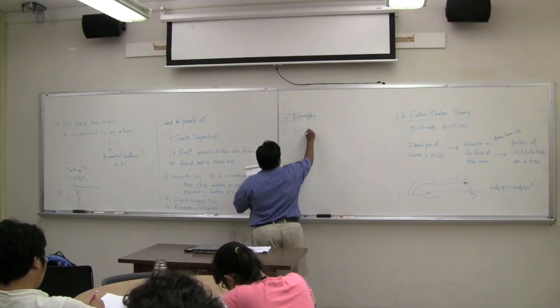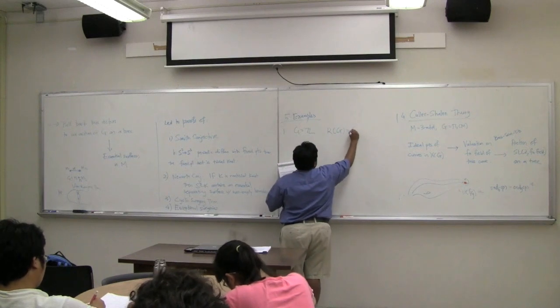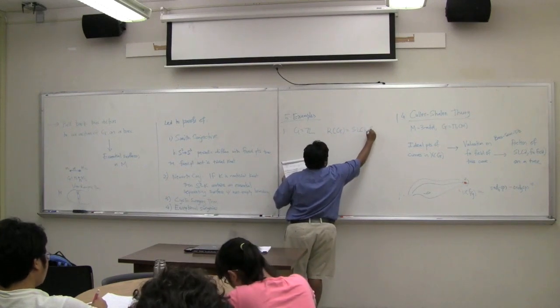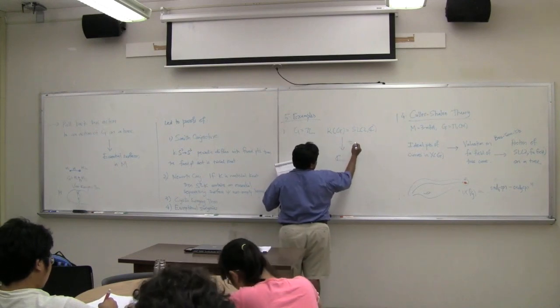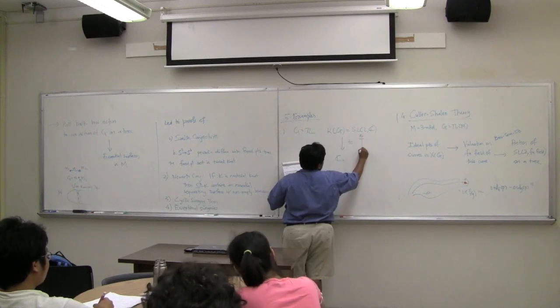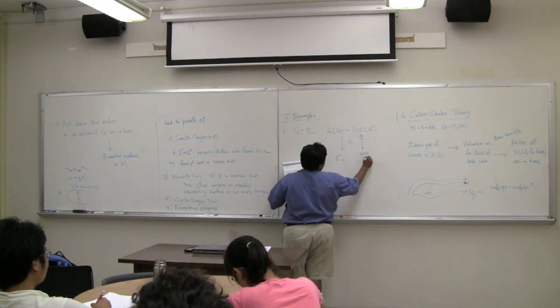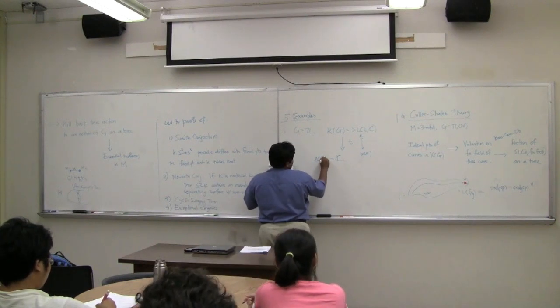If G is equal to Z, then the representation variety is very simple, and the trace map, which takes any matrix to its trace, is basically the character variety.